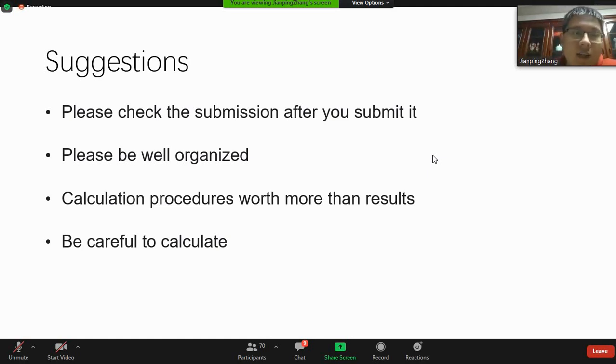And the second thing is, please be well organized in your assignments. Some students just took pictures and didn't shift or rotate them, so the words were not horizontal, and we cannot exactly see what they were writing, and we need to tilt our heads to read all the words and solutions.